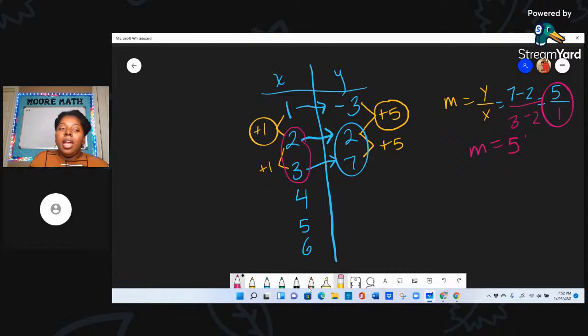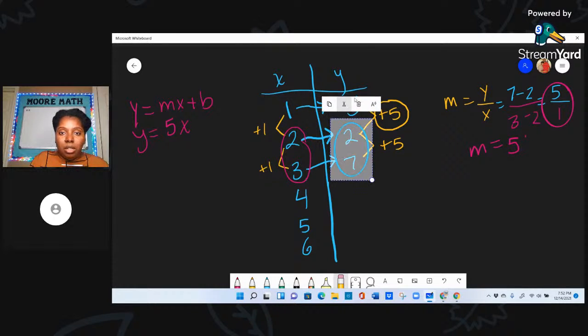Good. Okay, so we go to this equation, y equals mx plus b. I have my m now. I'm doing 5 times x. Now let's see if that's all we're doing. Okay, it doesn't look like it, but let's just check. All right, so I'm going to get rid of some of this so that you can focus.